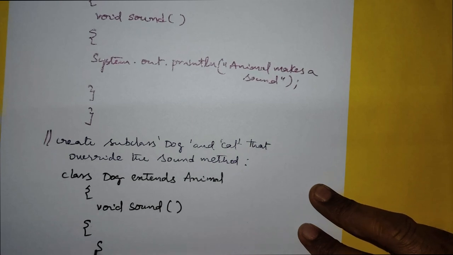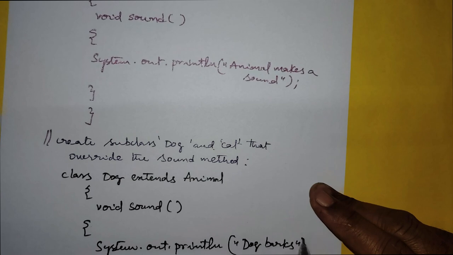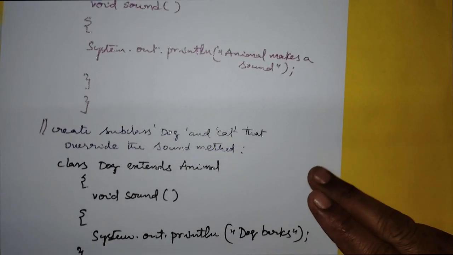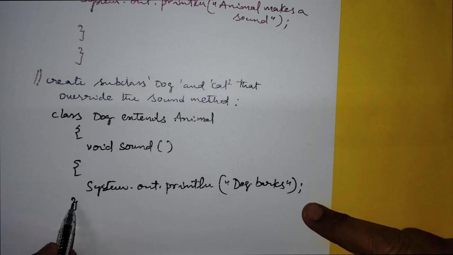Then what is the SOP statement? System, uppercase letter, out dot println. In that, what we are going to write? The string "Dog barks". Then we have to close again, this is for the sound method. This is the curly brace for Dog, the subclass. Closing curly brace.